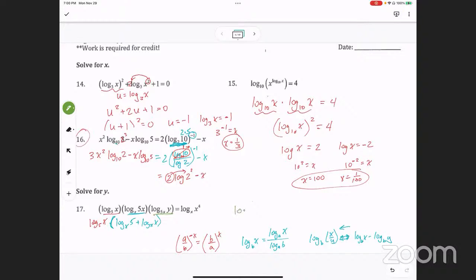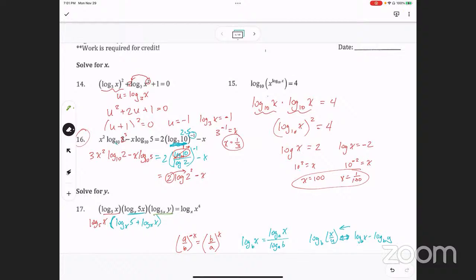Like, do you have a property I've not seen, a log base AB, where your base is a product of something? If there's a way to break that up. I mean, I suppose I could, okay, I've got a couple ideas for this.